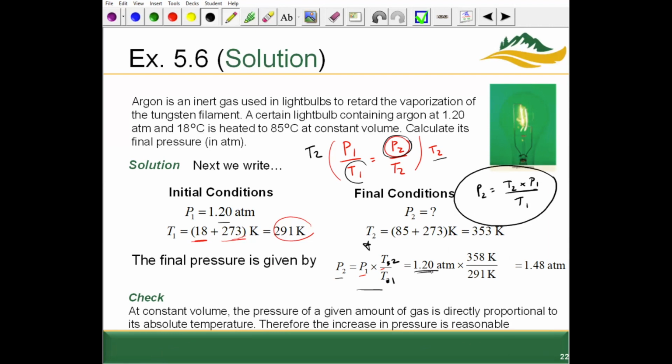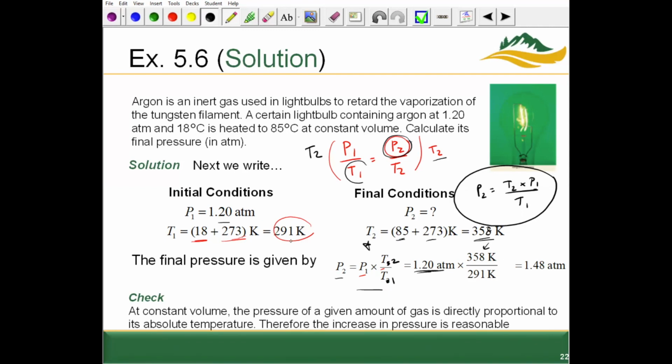Now P1 is 1.20 atmospheres. T2 is also converting Celsius into Kelvin by adding 273. So 85 plus 273 is 358. I am very sorry about this additional typo as well. It is listed here, but this is incorrect.